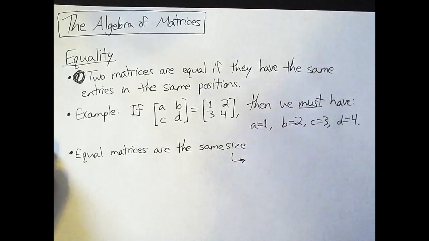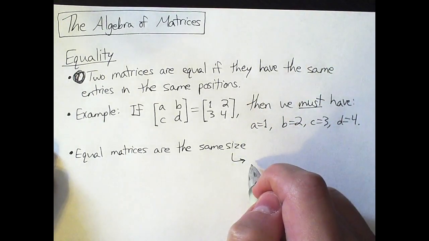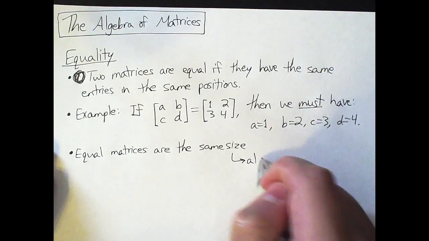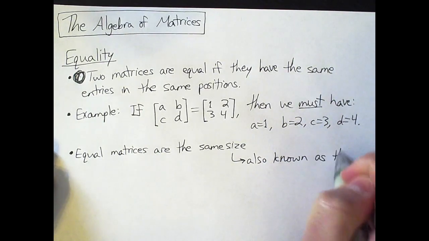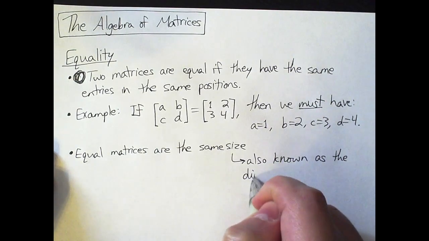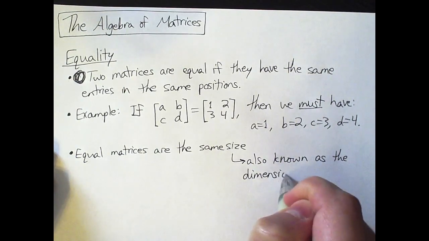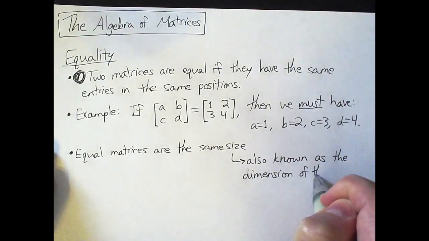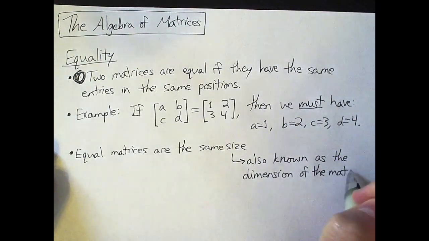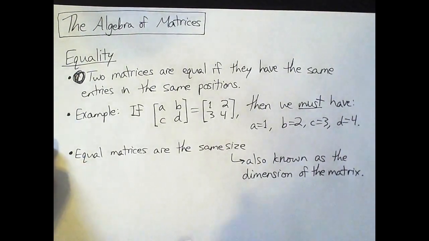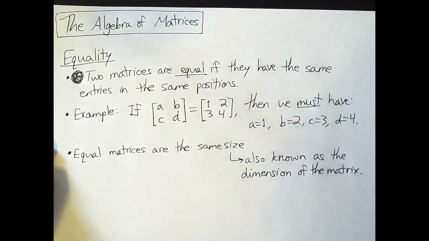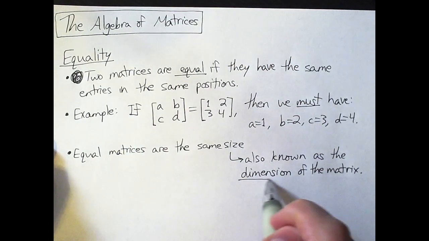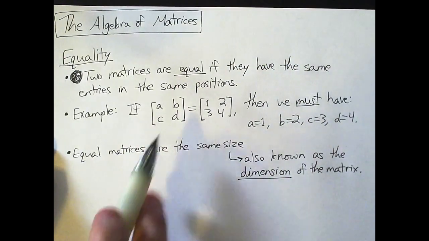And when we talk about the size of a matrix, I don't know if I've said this before, but we sometimes call this the dimension. The dimension is the size. So let me underline some things. We're talking about what it means for two matrices to be equal, and now we have this term dimension.